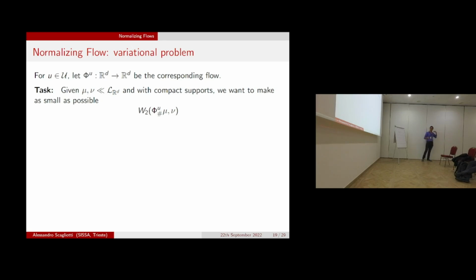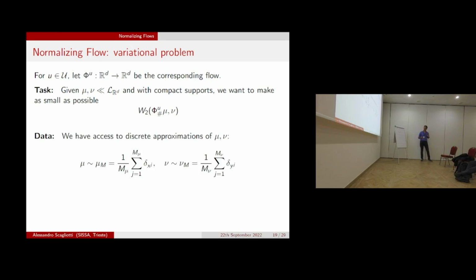Okay, if you don't know what the Wasserstein distance is, it's not important. It's a way to quantify the distance between two probability measures. Okay, once again, our approximation will be data-driven. What does it mean? What are the data in this case? The data are the empirical probability measures obtained by sampling from the two probability measures.